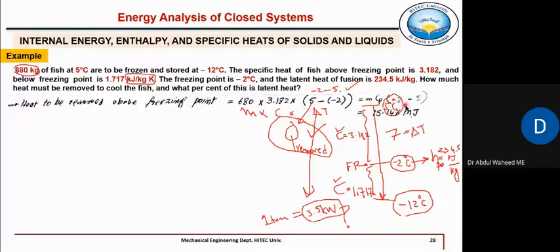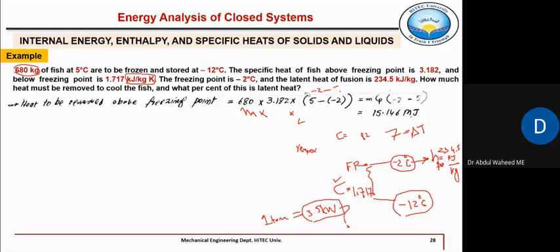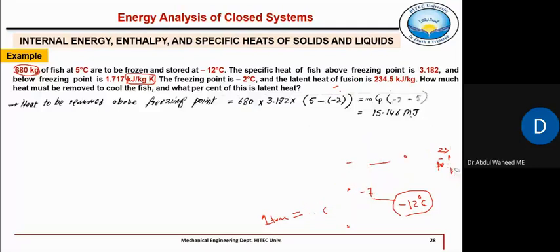So that is MCP delta T, and that comes out to be 15.146. आंसर विल बी इन joules और उसको मेगा joules पे कन्वर्ट किया हुआ है, because the amount of mass is not 1 kilogram, it is 680 kilograms. That's why the amount of energy to be removed is significantly higher.